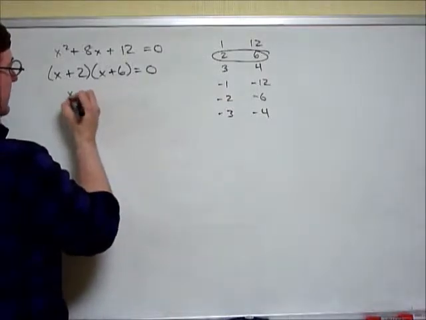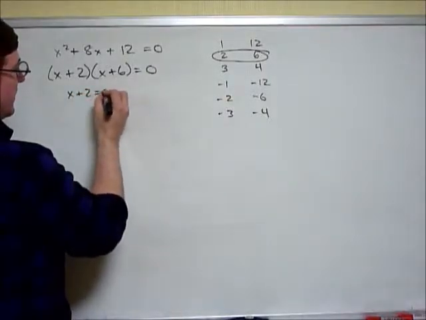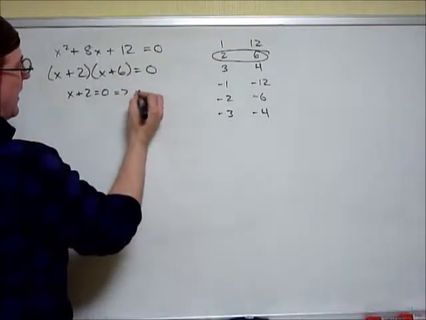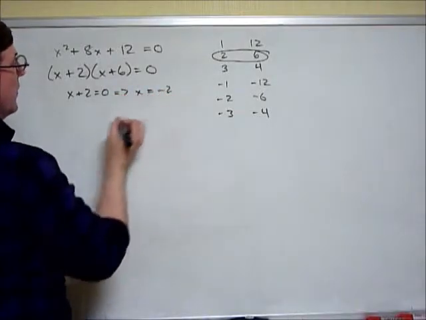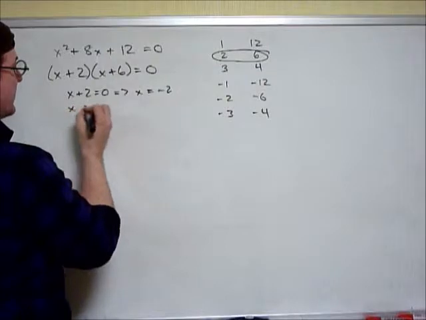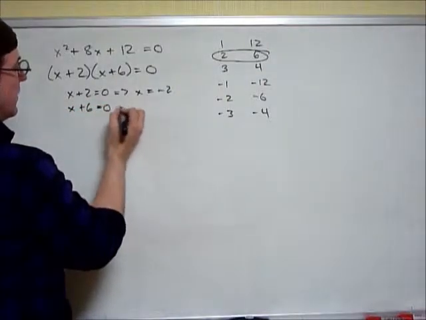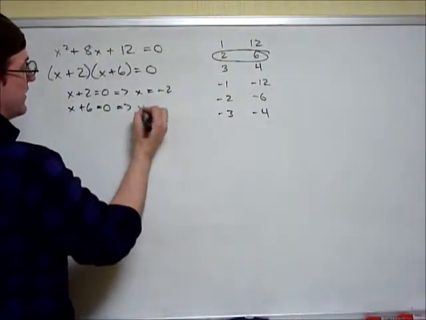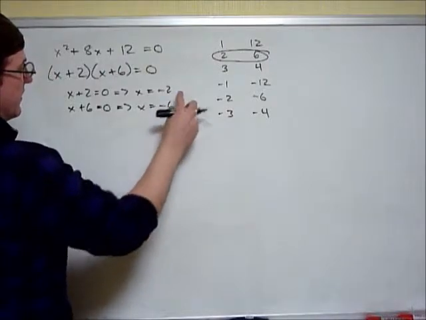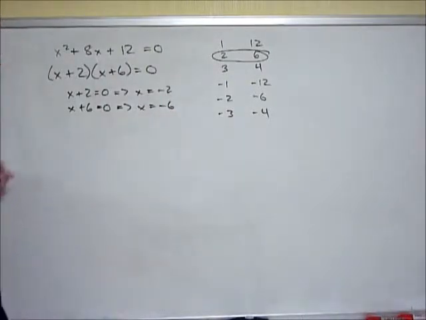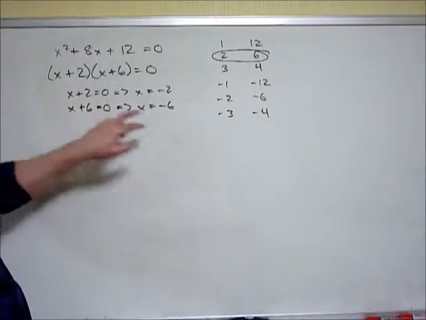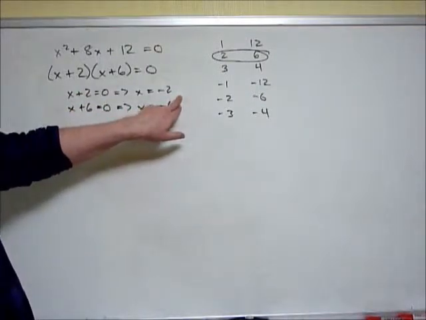Either x plus 2 equals 0, and therefore x equals negative 2, or x plus 6 equals 0, and therefore x equals negative 6. And those are your two solutions. And every time you do this factoring, you find two real solutions for it, right?